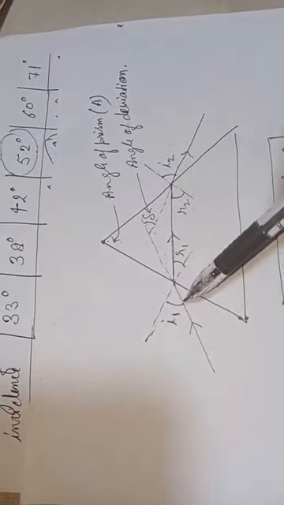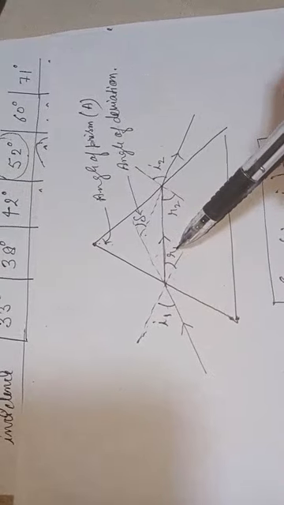And then the second question is we have to draw a ray diagram for each of the following cases. Before solving the question, let us get an elementary idea of prism. In a prism, this angle is known as the angle of prism, and the angle between the incident light and the normal is known as the angle of incidence.